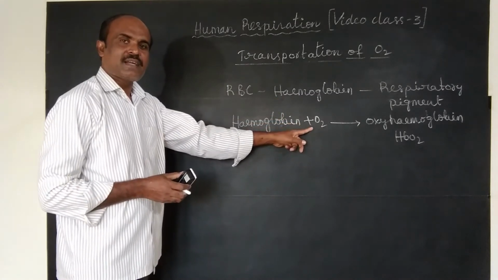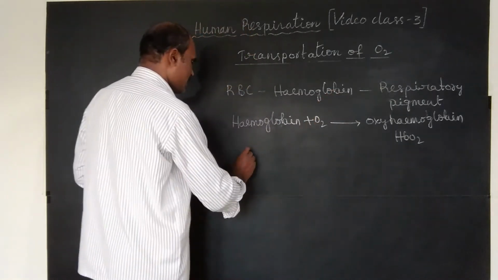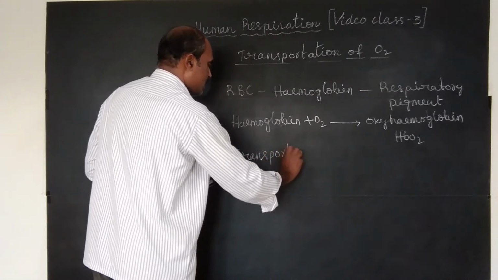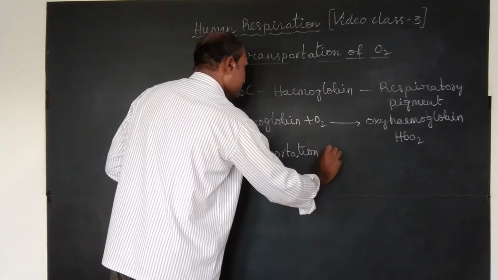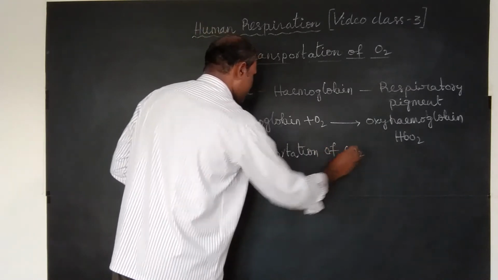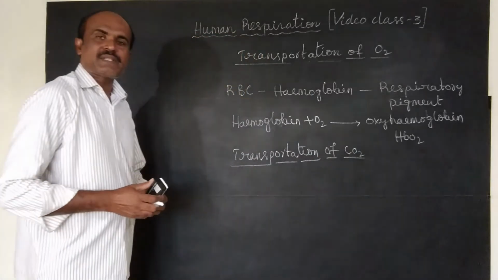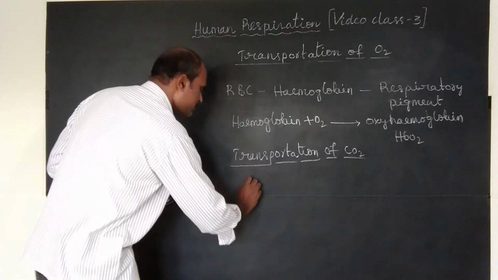oxygen. Now let us talk about transportation of carbon dioxide. Carbon dioxide. See, carbon dioxide dissolves in plasma. What does it mean?